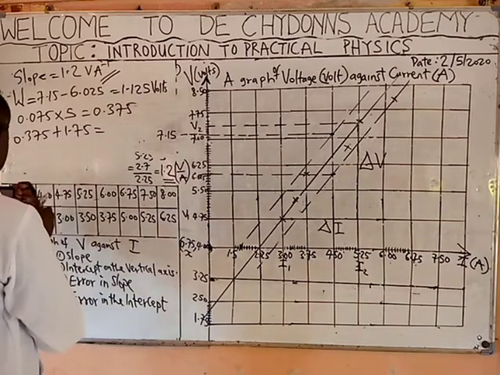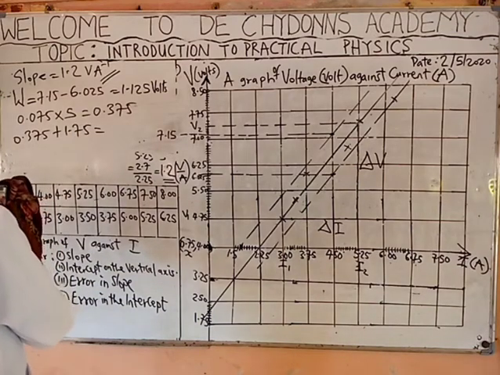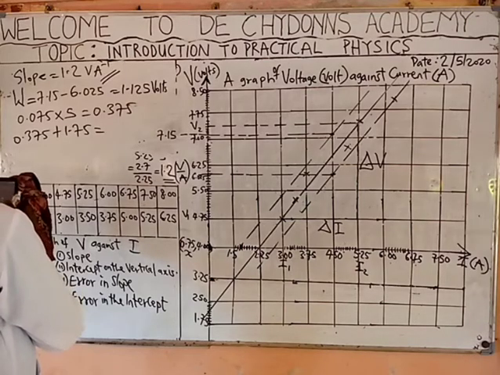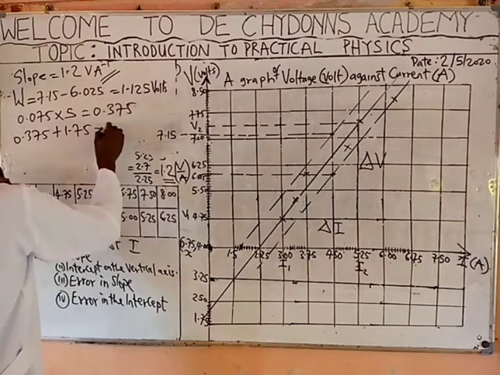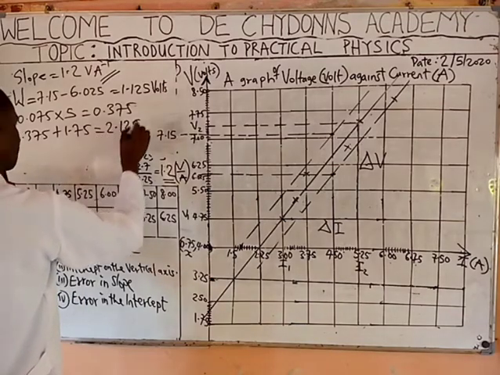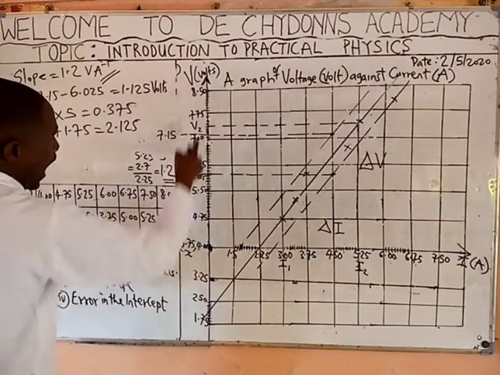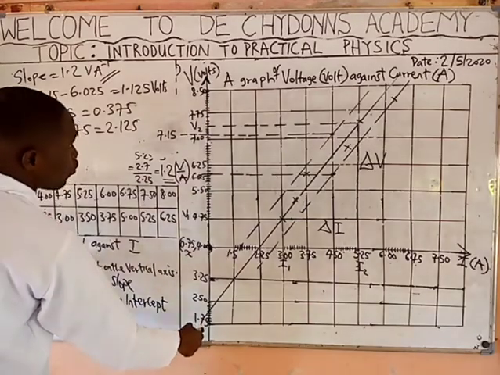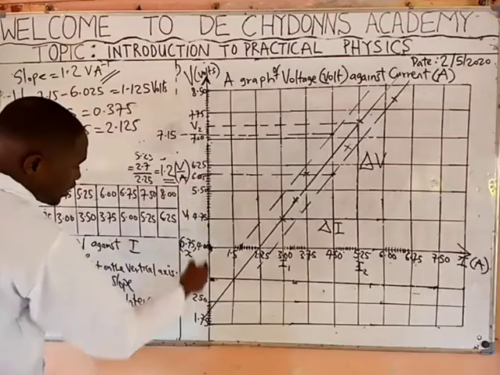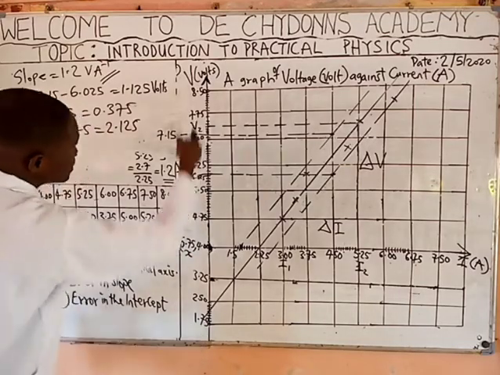0.375 plus 1.75 will give us 2.125. Okay? And what is the value for this vertical axis? What is the unit of it?